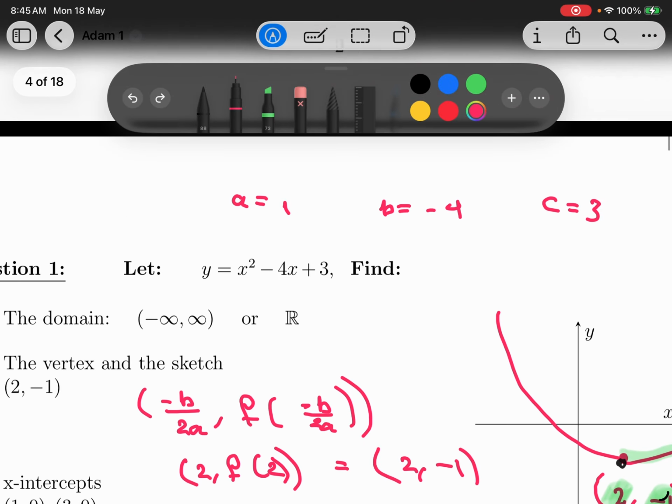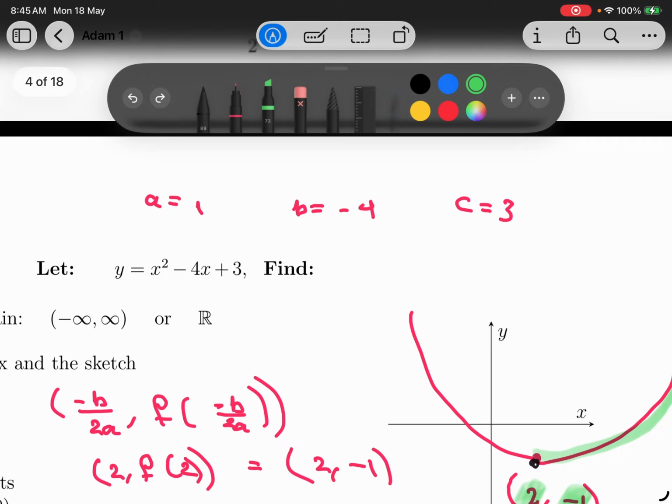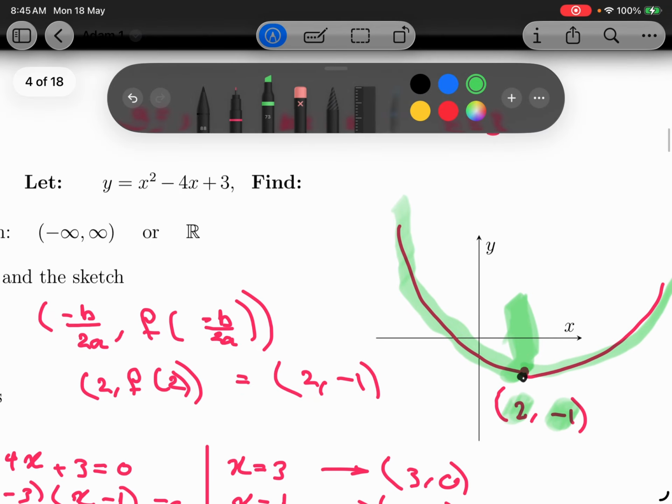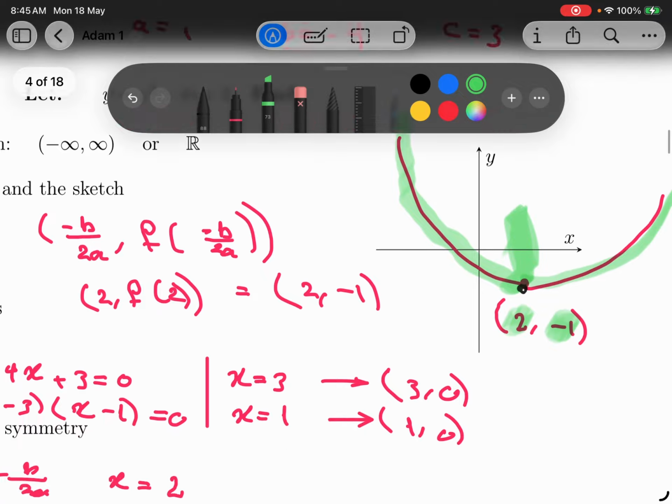So this function decreases, as you see here, from -infinity to 2, not to -1. We are considering the increasing and decreasing with respect to the x-axis, not the y-axis.